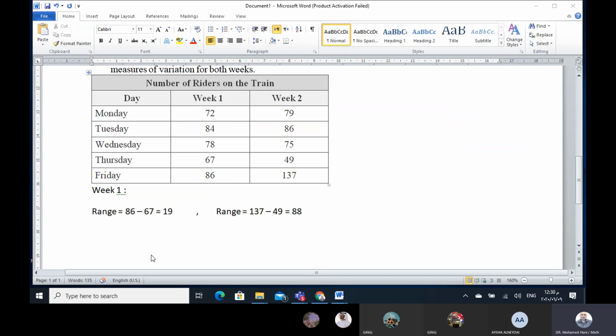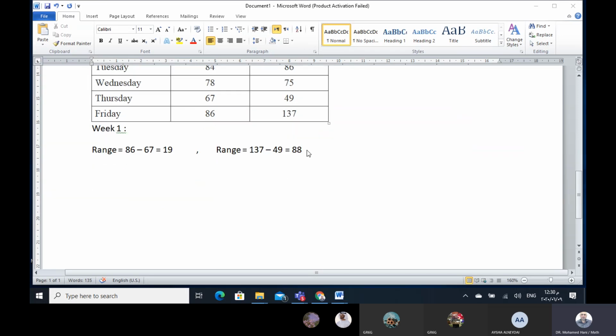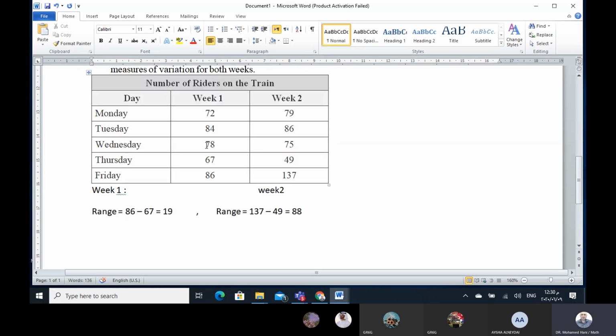Now we want to solve the median. The first step for the first week: take the data and rearrange it from the smallest number to the biggest number.